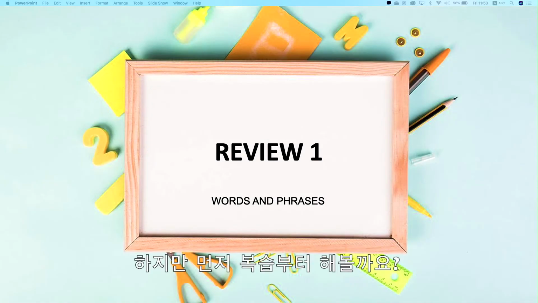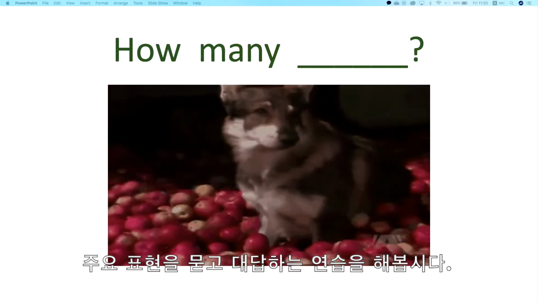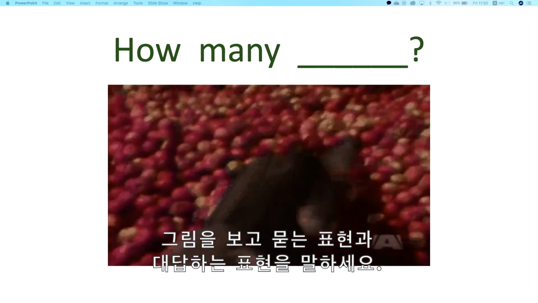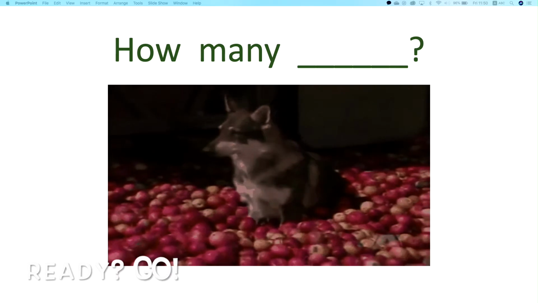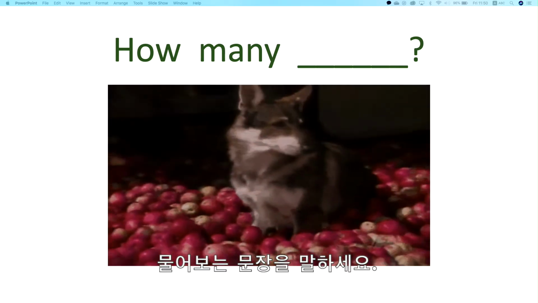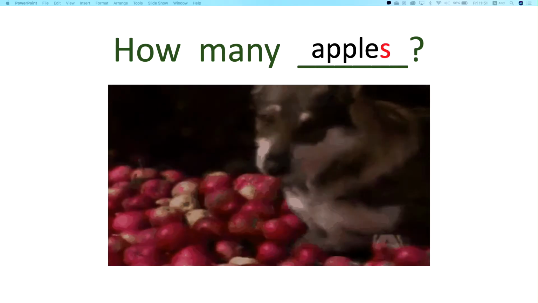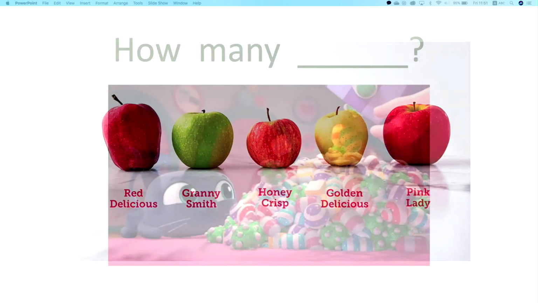But first, here's a review. Let's review with question and answer. You need to make a question and answer for each set of pictures. Ready? Let's go. Question: How many apples? Answer: 5 apples.